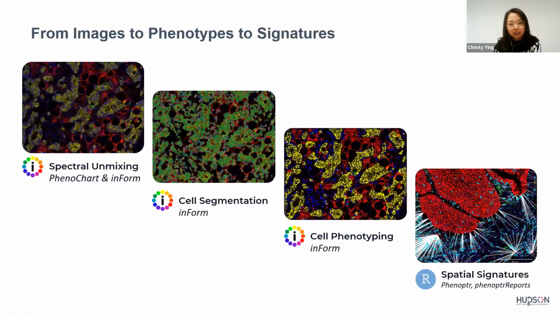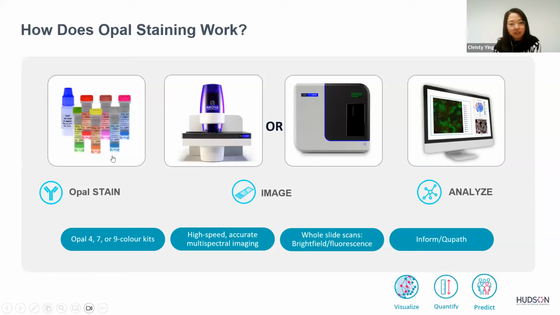For the imaging, the company Akoya Biosciences currently has several options for us to choose from. They have the 4 color, 7 color, and 9 color kits, which allow us to stain 4, 7, or 9 colors on a single slide.